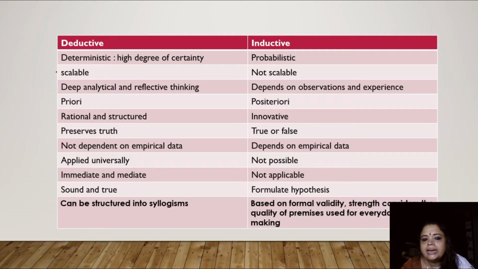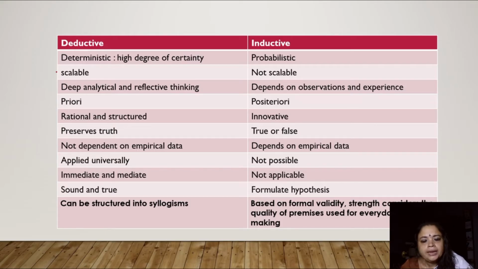And whenever we make deductive statements, you require deep analytical and reflective thinking, because you are drawing specific conclusions from general statements. So you need deep thinking to know that the premises are true with regard to deductive arguments.